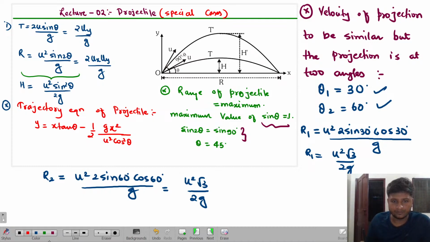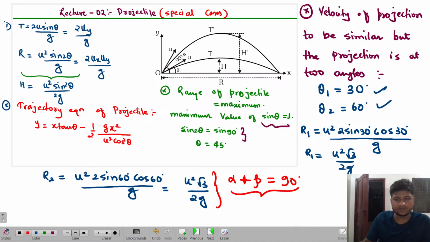Complementary. Basically, the point is very simple: when you project the particle with the same initial speed, but the angles of projection, like let's suppose I projected two particles at angles of projection alpha and beta, and their angles of projection sum to 90 degrees, remember, for both of them, range will always be the same.